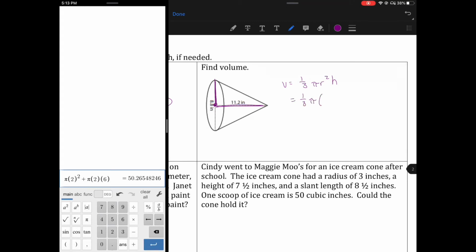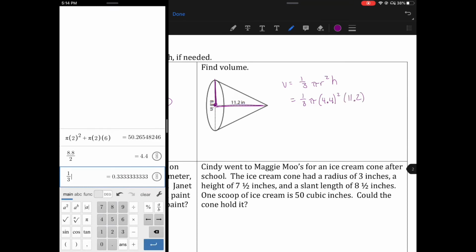R is only half of 8.8, so if we took 8.8 and divided by 2, we would get 4.4. So that's our radius. And our height will be 11.2. And then we'll plug that into Desmos. So 1/3 times pi times 4.4 squared times 11.2 will give us our volume of 227.07 inches cubed.